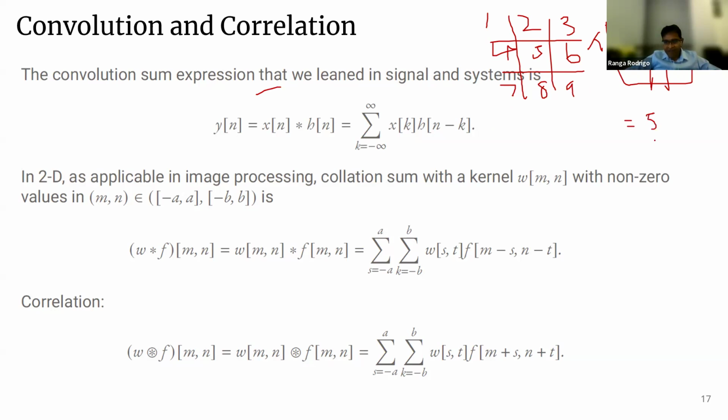From this 5, can you recover these numbers? It is absolutely not possible, right? Absolutely not possible. So what this means is convolution, when you do it like this, loses information. But there are algorithms that people try to run called deconvolution.